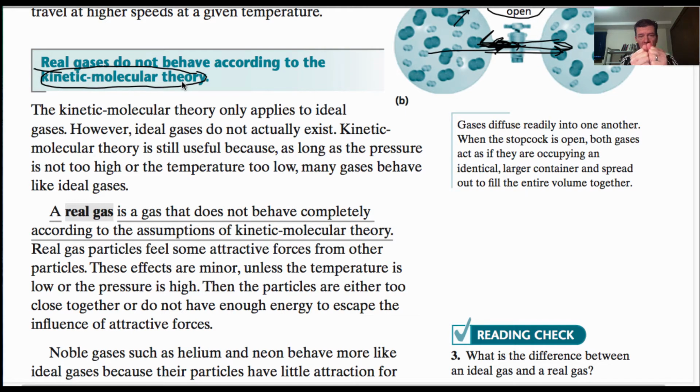It may not be enough attraction to hold them to each other. They may just kind of pass by each other, but it's going to affect their behavior a little bit. It might collide and maybe stick a little bit and lose some kinetic energy as a result of that, and then bounce off each other. Or as they're passing by each other, they might be attracted, and then it alters their direction of movement. Okay?